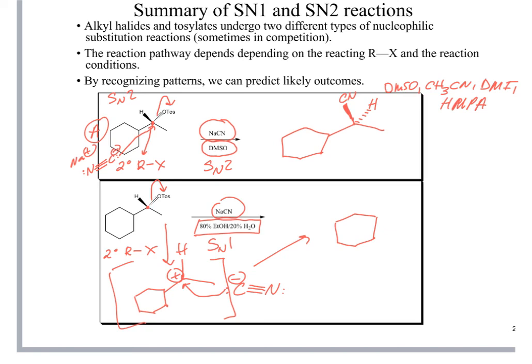So in the product, I will just draw racemic structure without indicating R or S configuration at the stereogenic center.